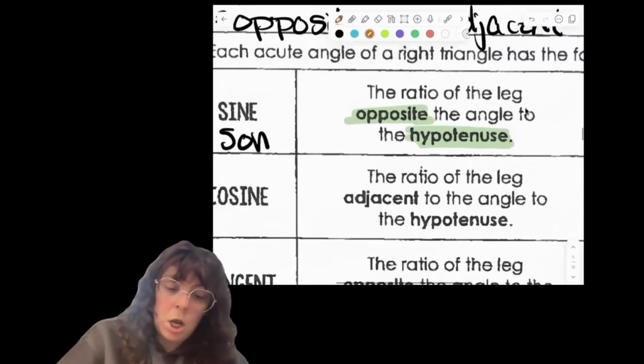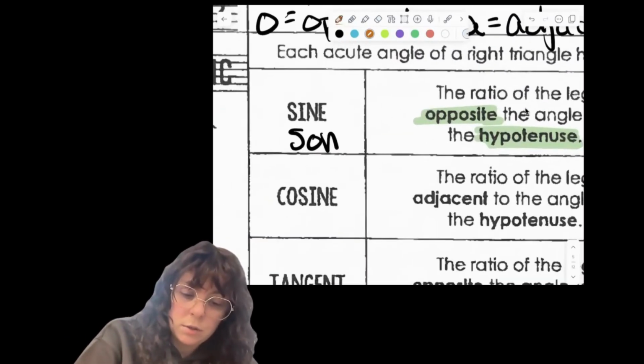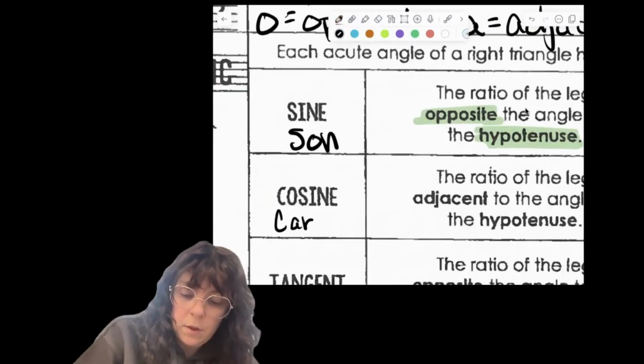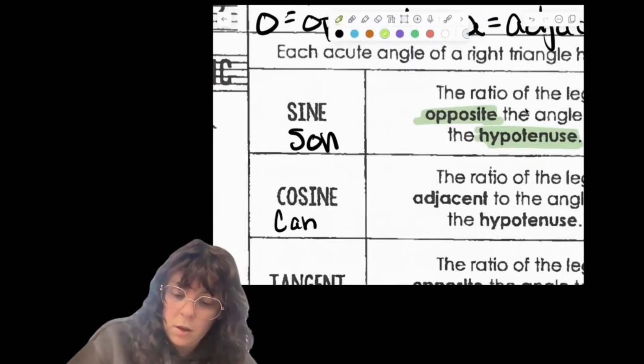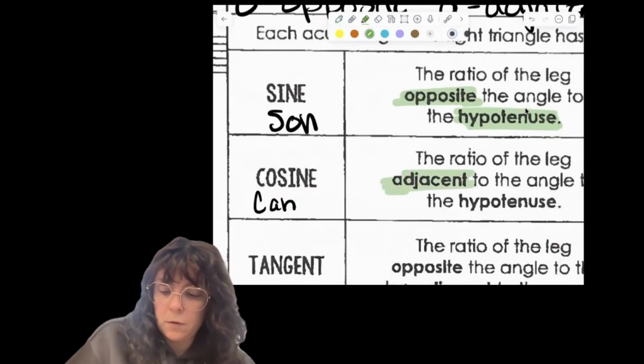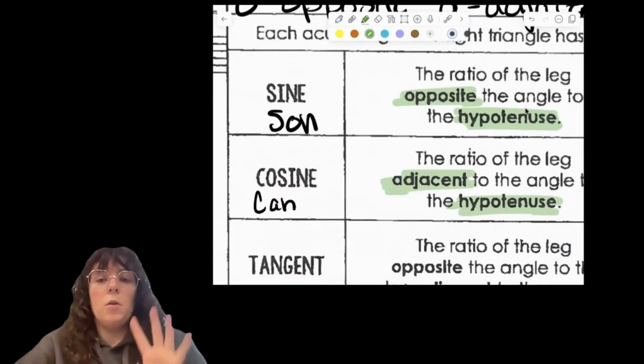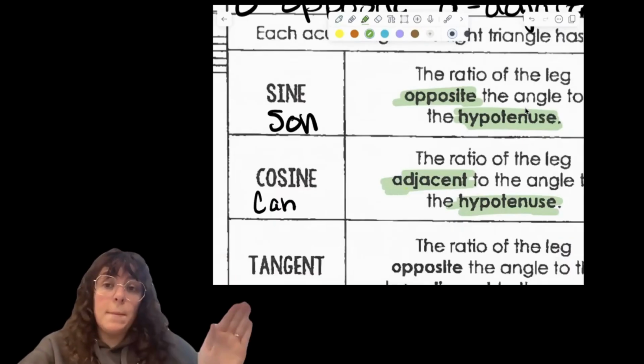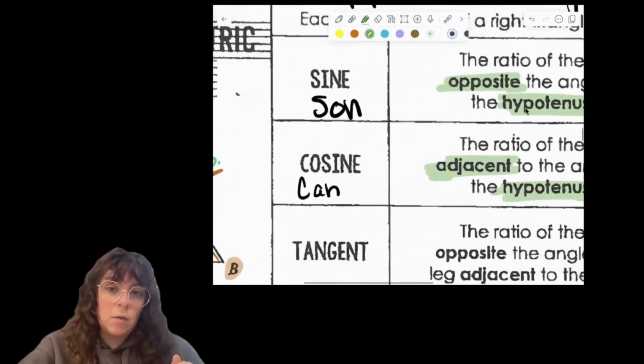Cosine then, or CAH, is the adjacent over the hypotenuse. Adjacent is the side right next to the angle.